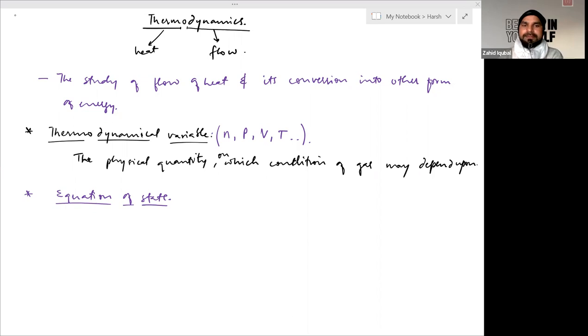Equation of state is simply a relationship between these different thermodynamical variables to define the process or condition of gas at any instant. Is it clear? Yes, sir.